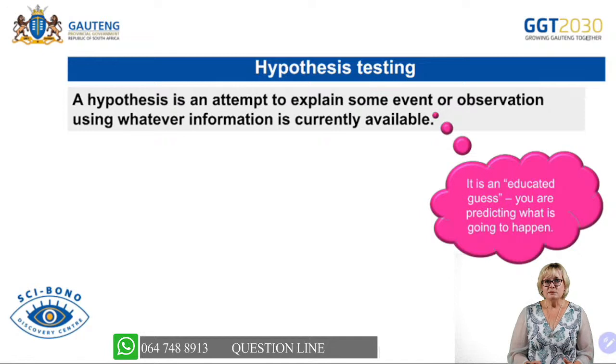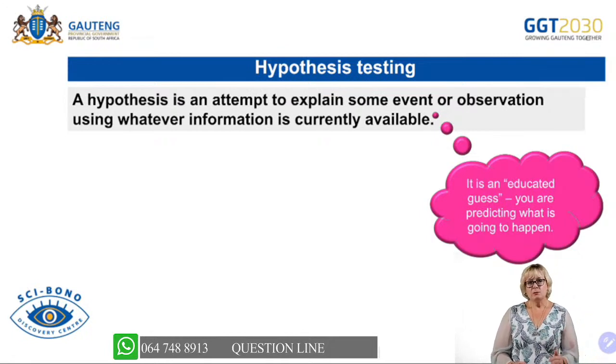A hypothesis would be, all the girls are short because there's now a recessive gene, or they've inherited it, or the food that we are eating and the water that we are drinking has, let's say, a negative effect on their growth. So you're giving a possible answer to a question that was posed.